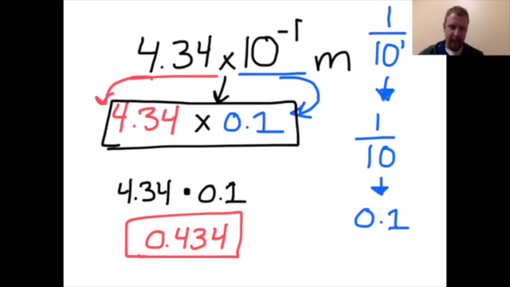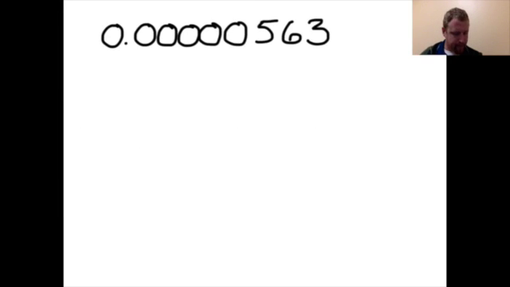Okay, let's take a look at another example of this, except now let's work it back the other way. Big, long number, okay? This is an example of a number that would be very inconvenient for scientists if they had to write 0.000000563. Well, that's really inconvenient, okay? But if they can write it quickly in scientific notation, it's going to be a lot easier for them.